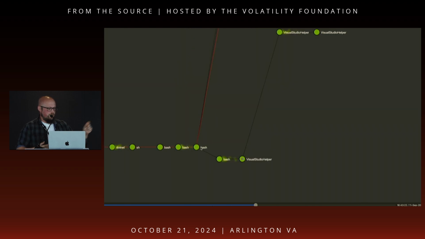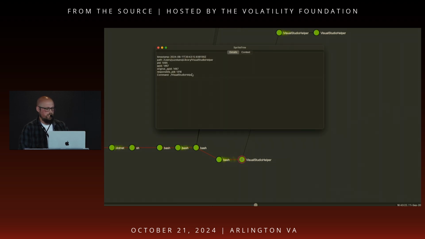Then finally, further down in the tree, again, this is all C#, and we see this running under .NET is a bash instance that then goes on to run that Visual Studio Helper. This is a malware that we call Thief Bucket. It has some built-in automation around stealing the user's keychain, as well as looking for interesting files, as well as trying to identify wallets on the system and things like that.